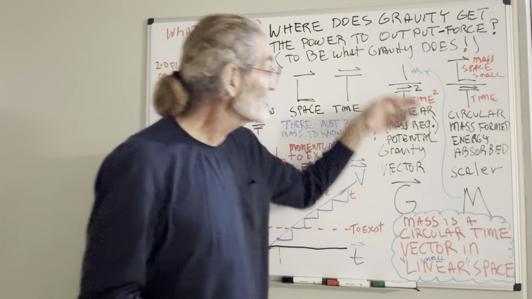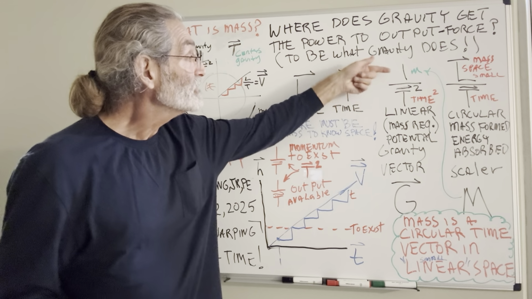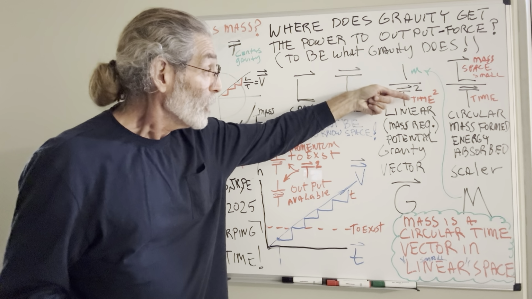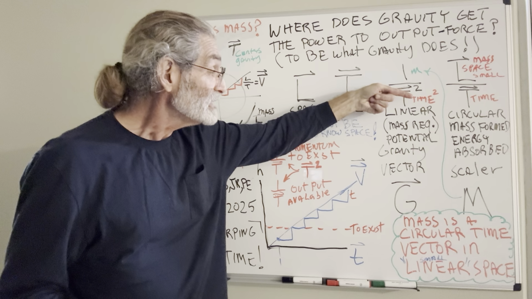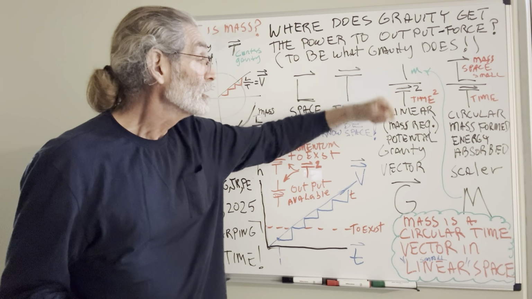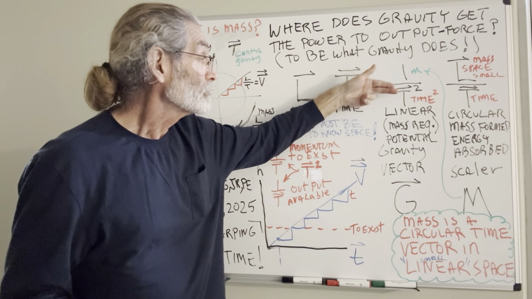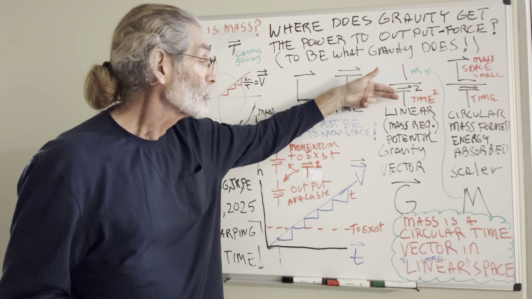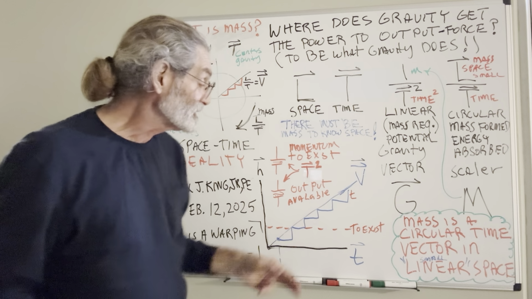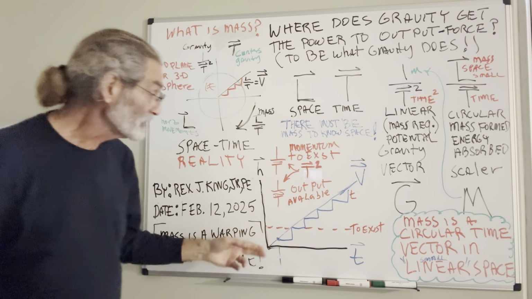Now, with regard to gravity, we've got a mass up here, which isn't a vector, and one vector evidently is needed in order for this to be sustained. Let me come down here, and I think this is going to be it.